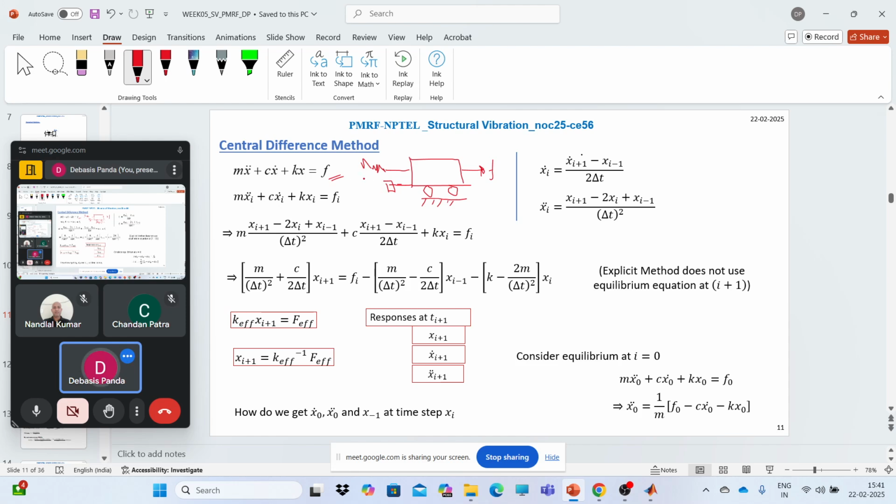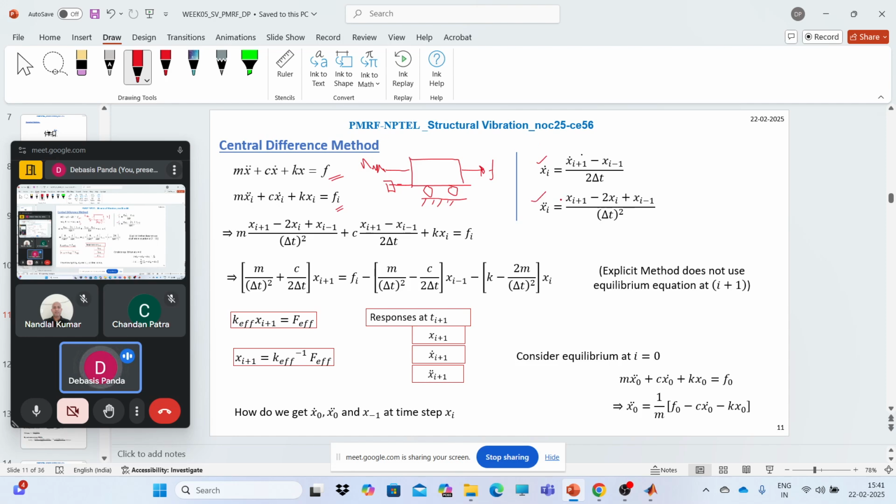So this equation we already know. Now at time instant i, what we can write: m x double dot i plus c x dot i plus k x i is equal to f i. Now in the central difference method, we define x i dot and x i double dot using the central difference.